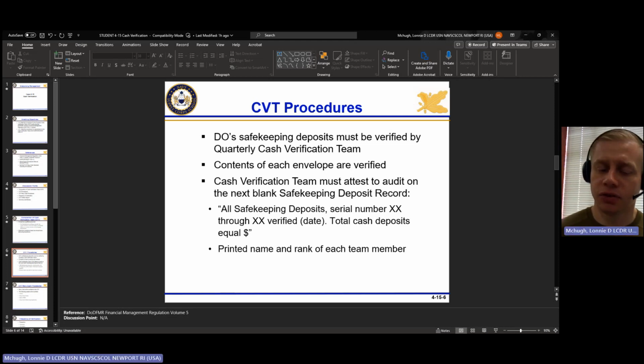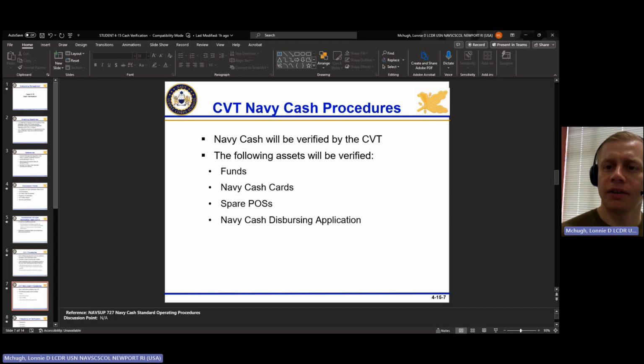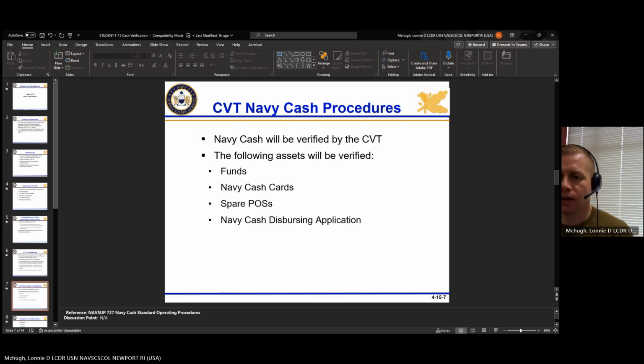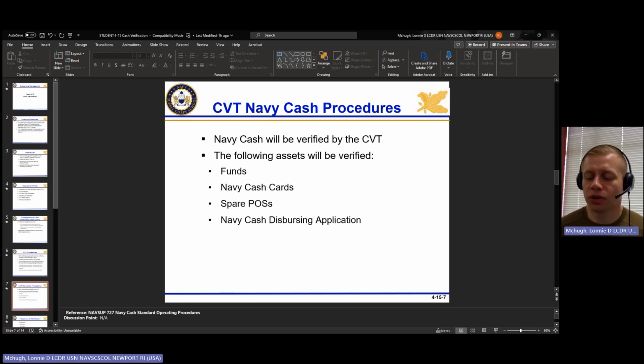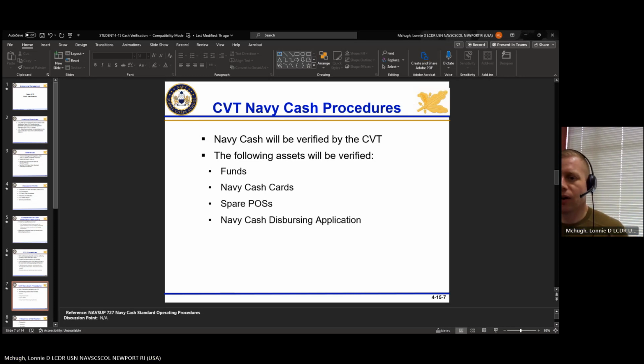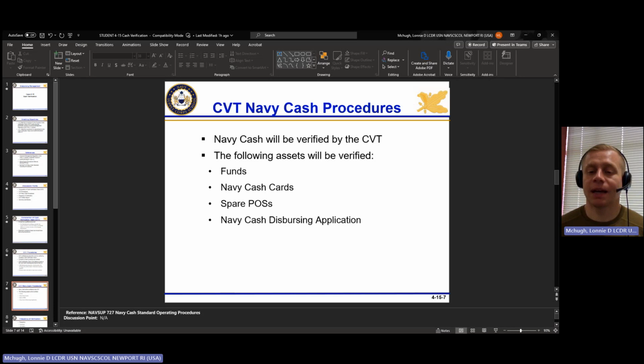Then after they do that portion, they're going to go in and look at Navy cash. So again, the checklist for this is a composition of the Volume 5 and how-tos from the 727. In there, they will look at your reports that you're supposed to run. Have you been running them? Is the data in the reports acceptable?